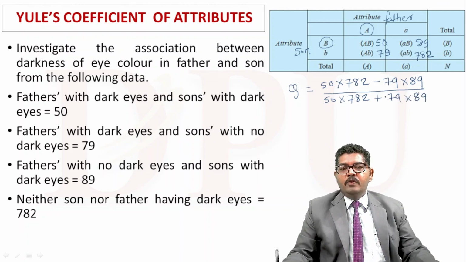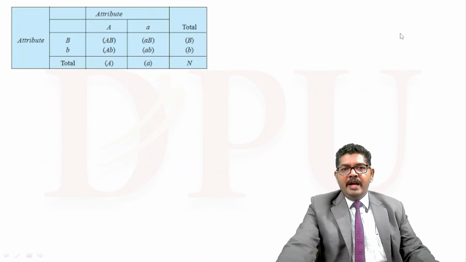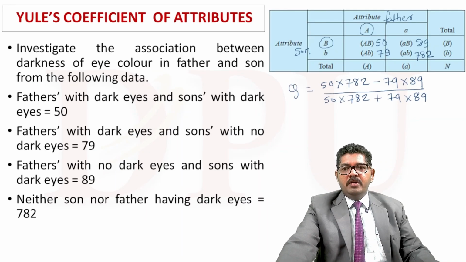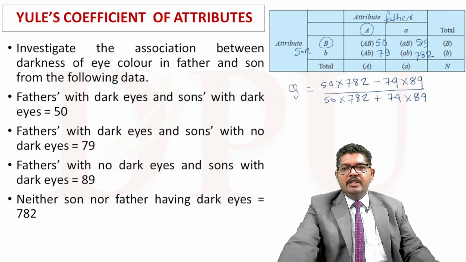So this is how we calculate Yule's coefficient. This must have been calculated on the next slide. We have a table here, so we can put all these values in this particular table. Already we have formed a table and put the values, and when we calculate this, we get this particular value.